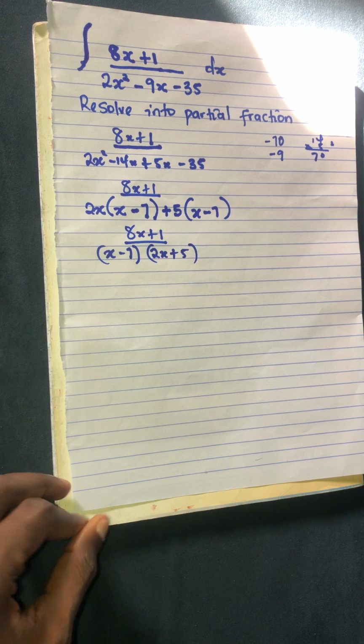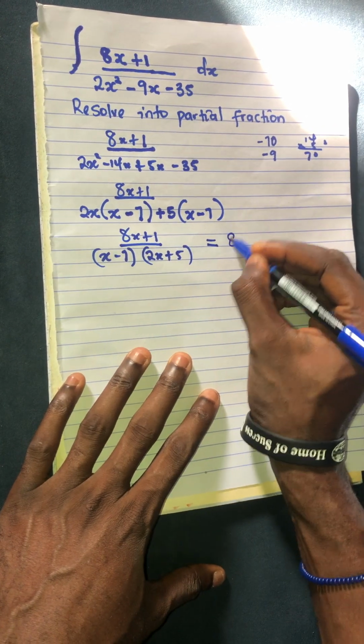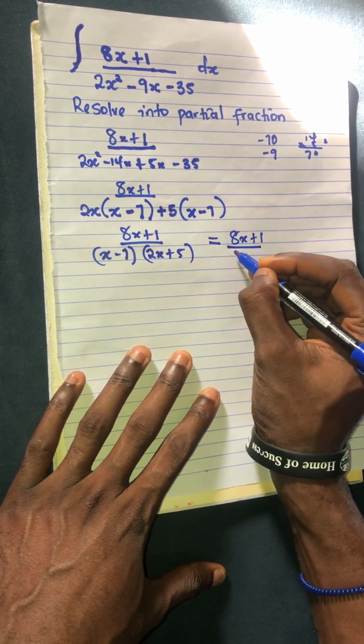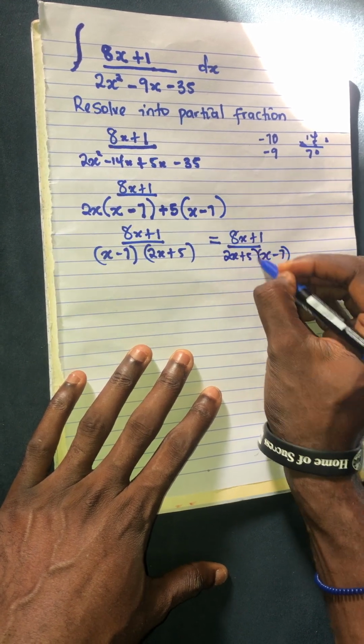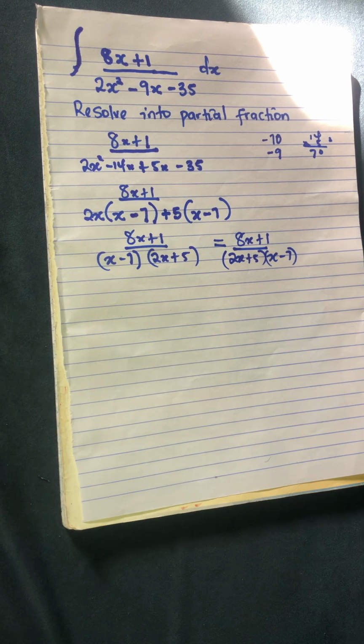I may just decide to keep it as 8x plus 1 all over 2x plus 5, x minus 7. I just want to write it this way and not x minus 7 first.